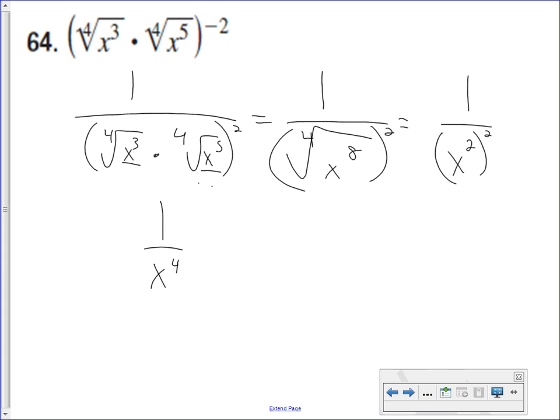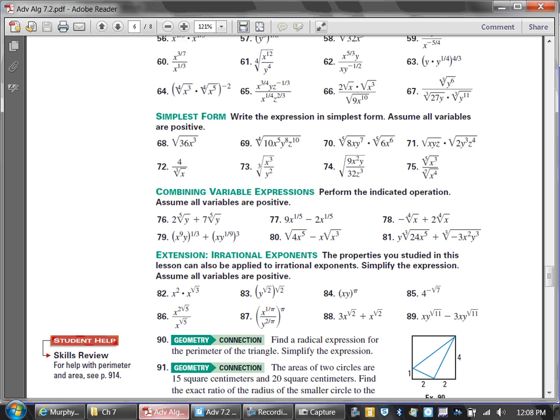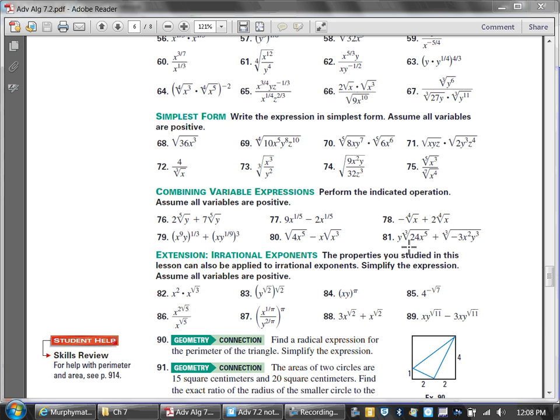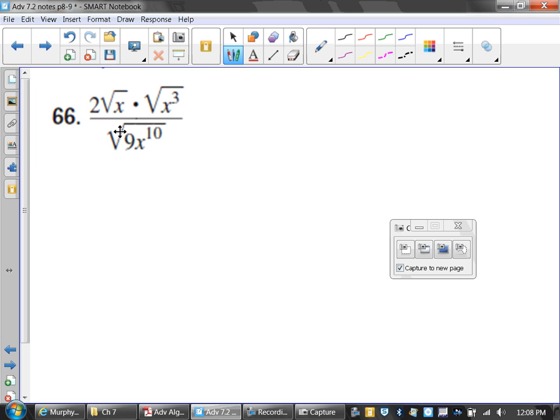Okay? What else, guys? What's the next one? 66? 74. All right, 66. Once again, take care of your numerator first. In the numerator, do they have the same nth root? Yes. So that means I can rewrite it as 2 square root of x to the 4th over, what's the square root of 9?